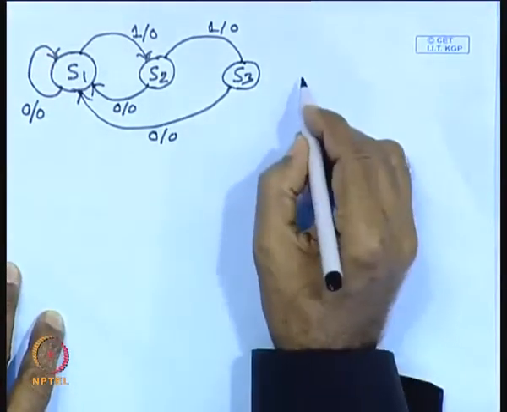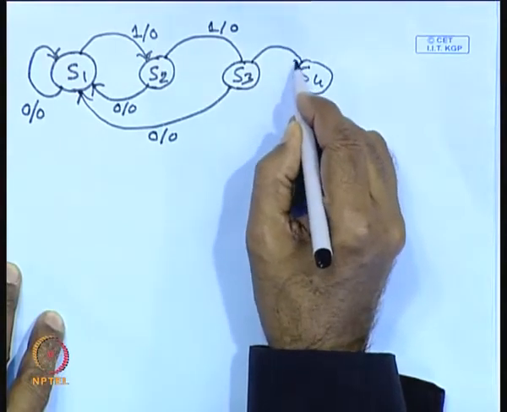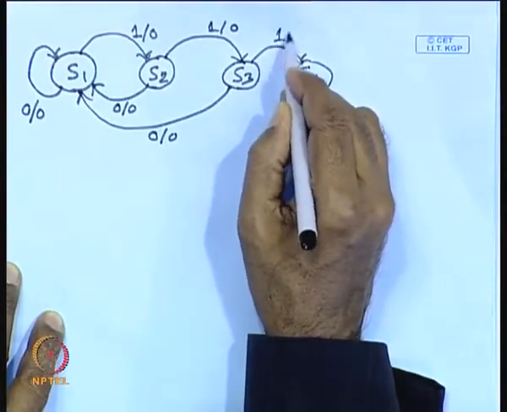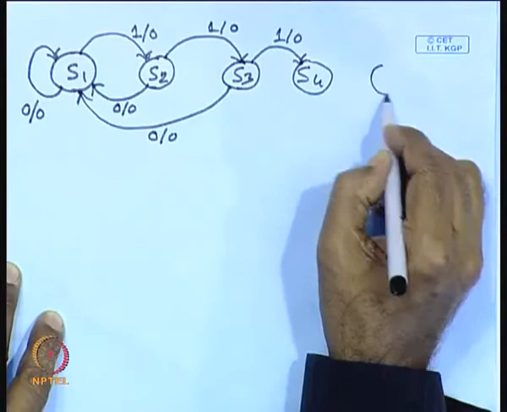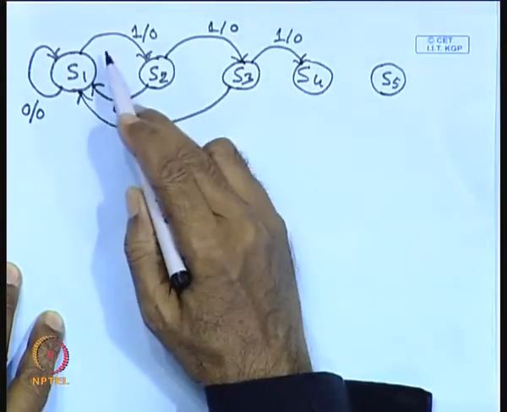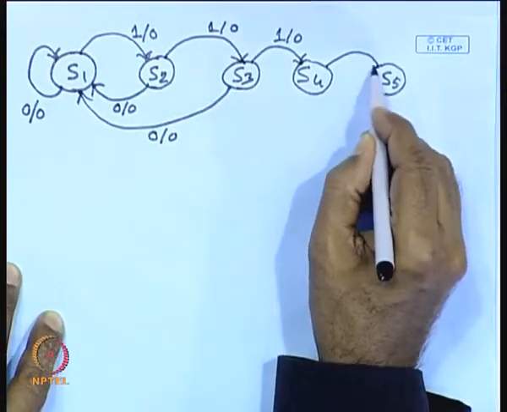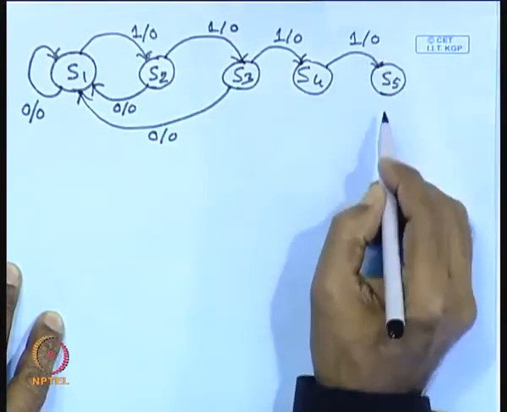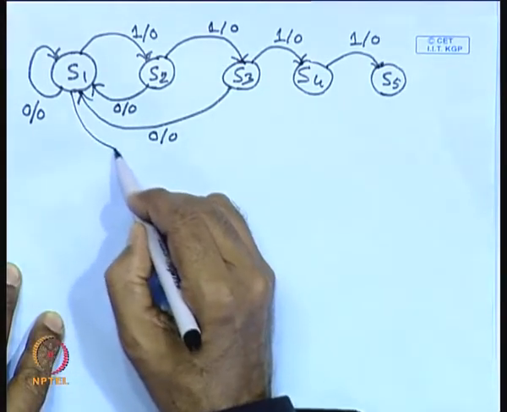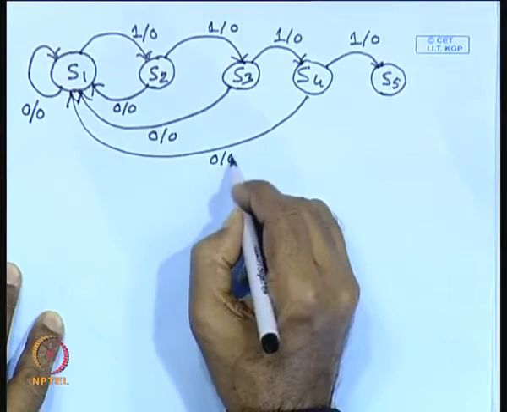Now, it will go to state S4 again if another 1 comes, and then it will go to state S5. We require 5 states for the occurrence of 5 ones, and if a 0 comes again, it will go back with 0 by 0.